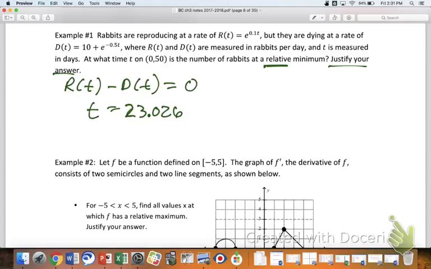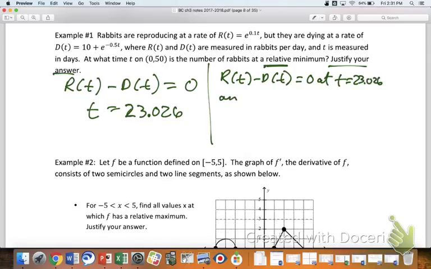Here's my justification. I'm going to say R of t minus d of t equals 0 at t equals 23.026. And what is the pattern of sign change? Is it negative to positive? You can see that from the graph probably.